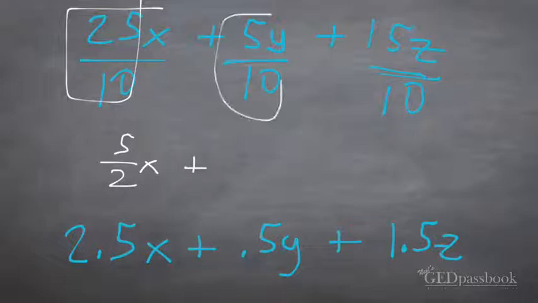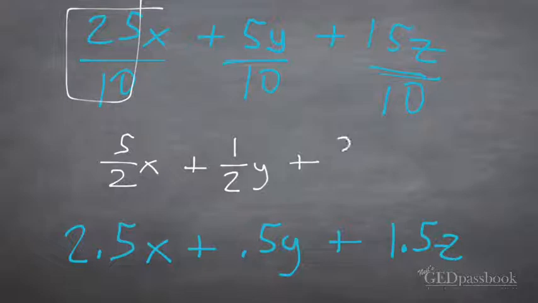Plus, what's 5 over 10 simplified? Y over 2. Plus 15 divided by 10, what's that simplified down to? 3 over 2 z, right? But this is really important to spot, you guys.